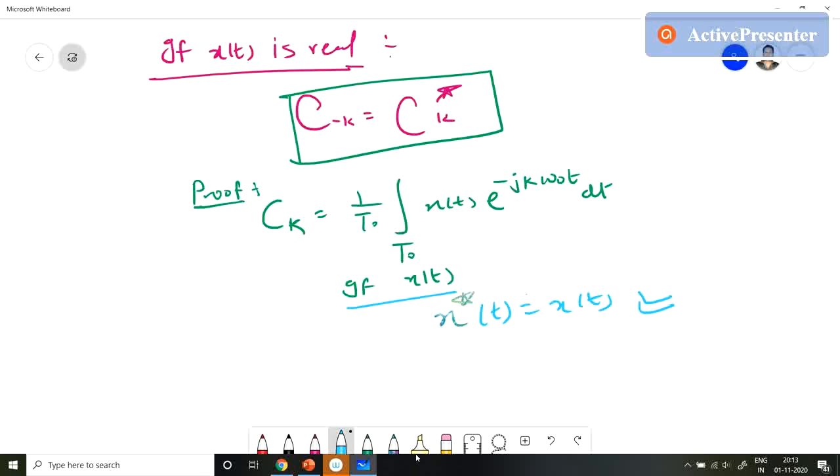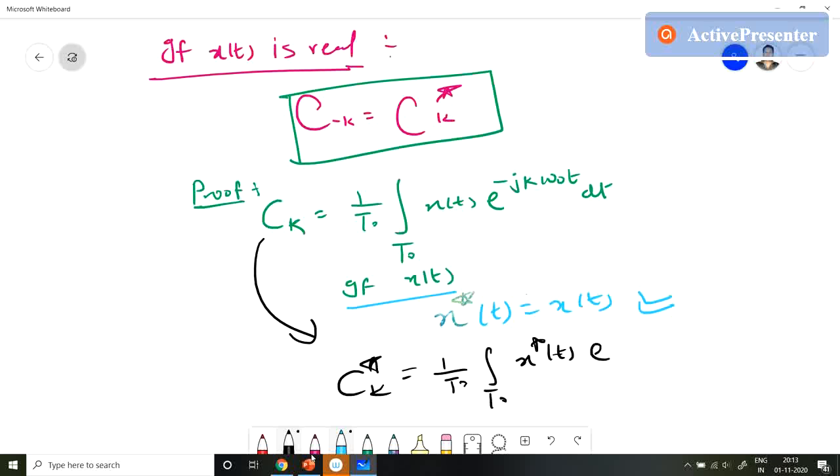Now what we can do here is take the conjugate on both sides. So what will we get? We will get ck conjugate is equal to 1 divided by t naught, x conjugate t e raised to the power jk omega naught t into dt, because the conjugate will change the minus sign to plus sign.